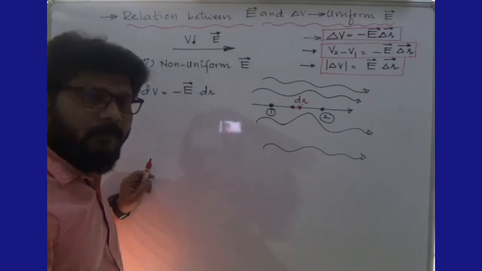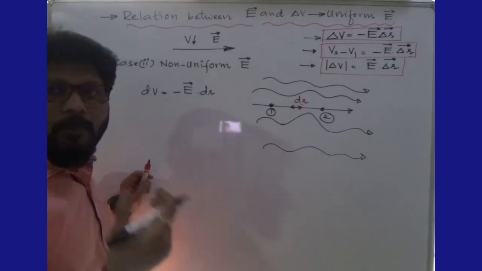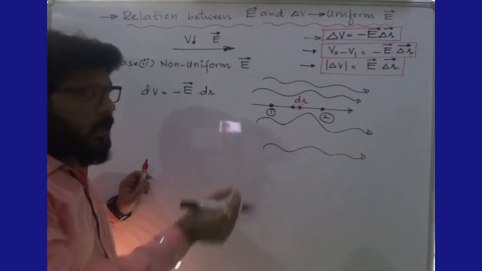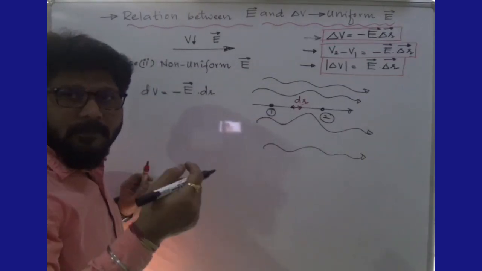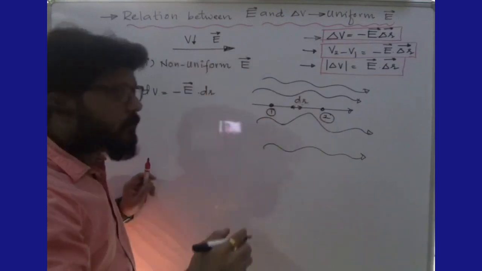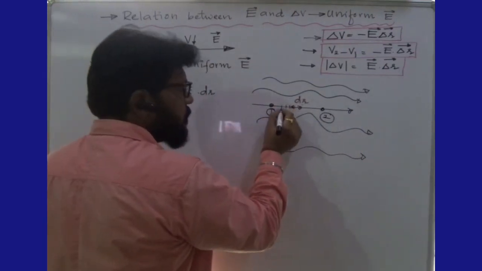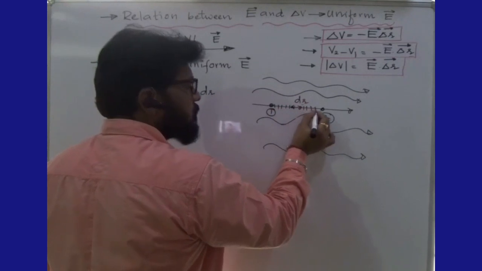Then if I want a total, I know for small parts only one method is there, integration, summation of all the small parts. This can be divided into small parts like this.